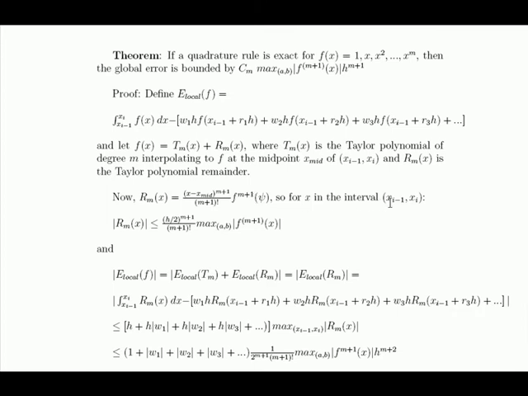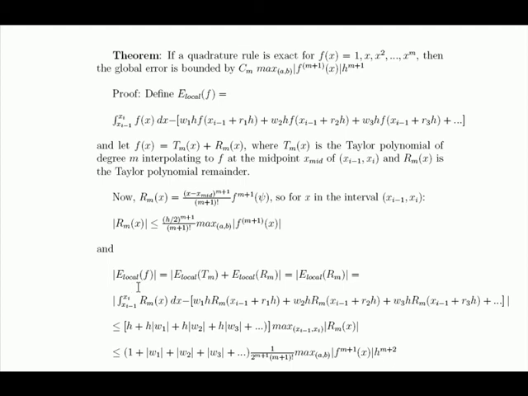Thus, in the interval x(i-1) to x(i), there's a bound on the remainder term of (h over 2) to the m plus 1, because x can never be more than h over 2 from the midpoint, over m plus 1 factorial times the maximum of the m plus first derivative of f in the whole interval.